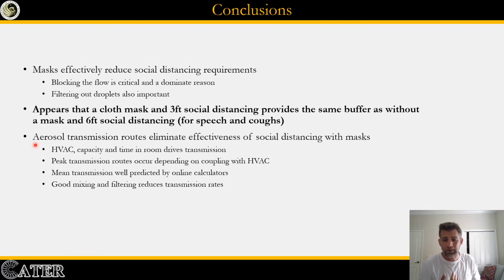And we showed that with HVAC, and as long as you're wearing masks, you've basically eliminated the need for social distancing at 6 feet, and you need to start focusing on HVAC as well. That's basically the key driver there. And if you are looking at social distancing, it is not the right approach because it does not reduce aerosol buildup within a classroom or an indoor setting.